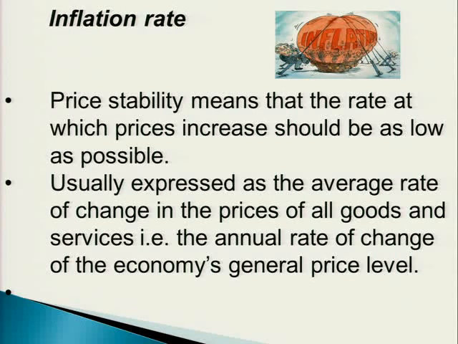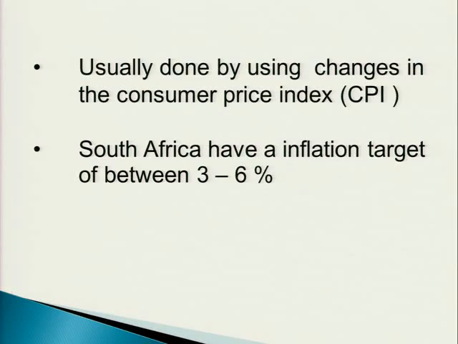Now, the inflation rate is relatively high at the moment, and that is because of high electricity prices, high oil prices, and stuff like that. Usually, this inflation rate is expressed as an average rate of the increase of the general price level, as I just said to you. And that is usually done by the consumer price index.